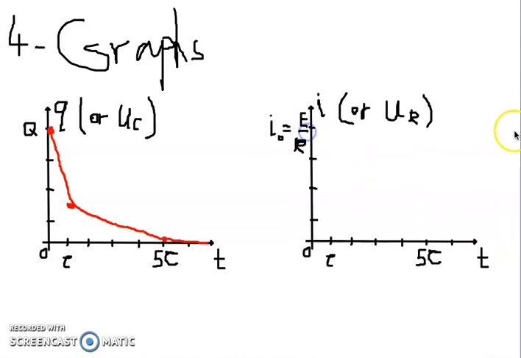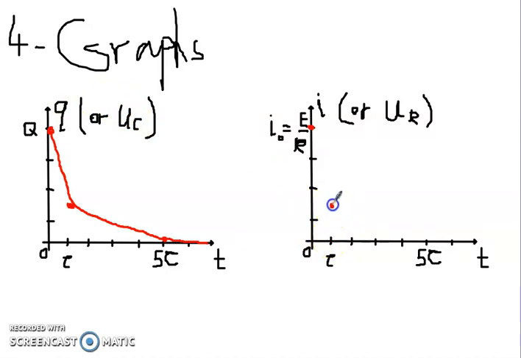Good. Now let's see the graph of current. The same. At T equal to 0, the current is maximum, E over R, right? The same is if you say UR, because they are proportional, U equal RI. Similarly here, the same if you say UC, because it's proportional to Q, Q equals CU. At T equal 1 tau, it is 0.37.